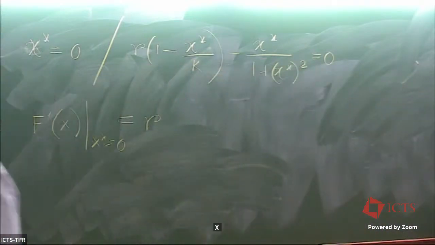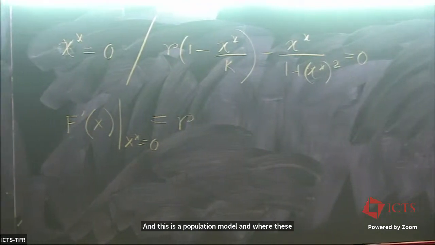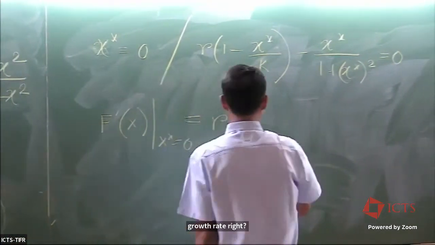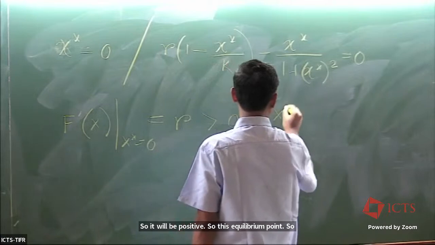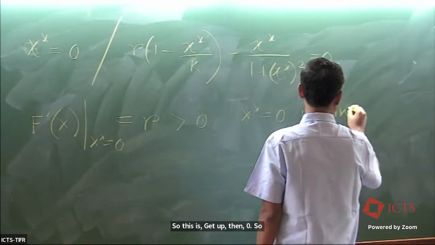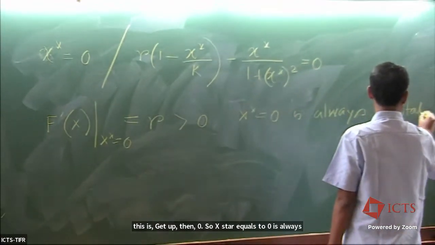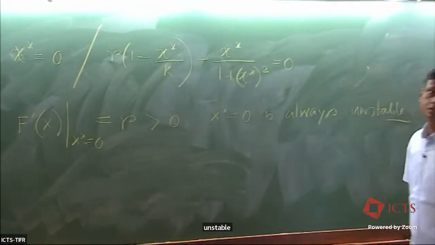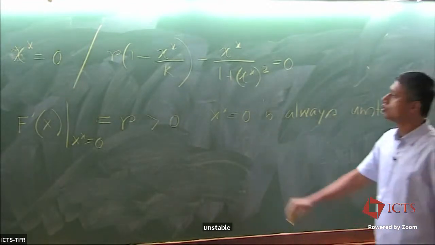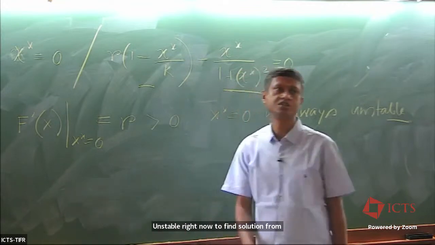And this is a population model, where this r is the growth rate, right? So it will be positive. So this is greater than 0. So x star equals to 0 is always unstable, right?